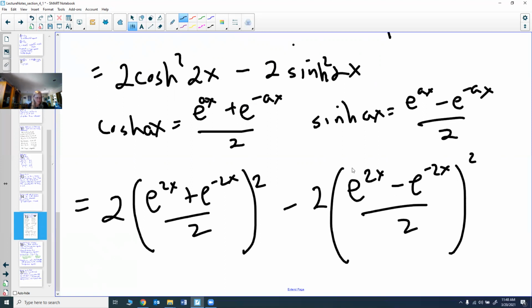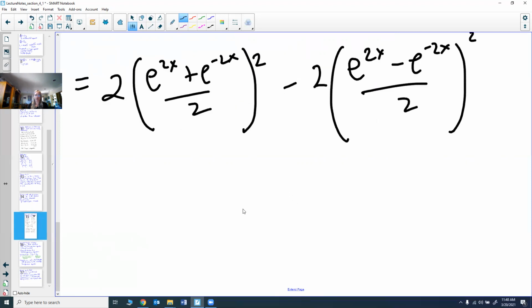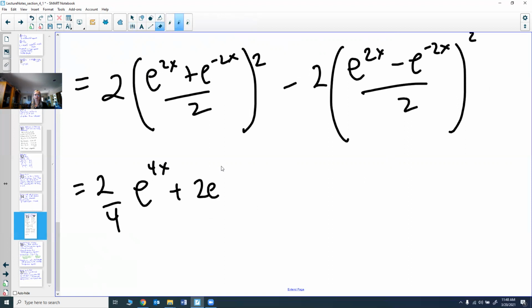So then we have to multiply all this out and find out what we have. So let's go ahead and do that. We're going to have 2 over 4 times e to the 4x plus 2, because e to the 2x times e to the minus 2x is just 1, and then plus e to the minus 4x.